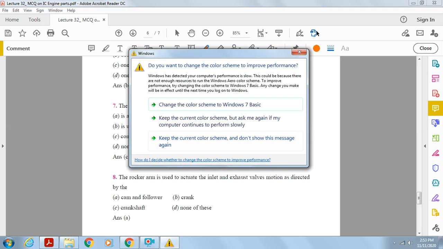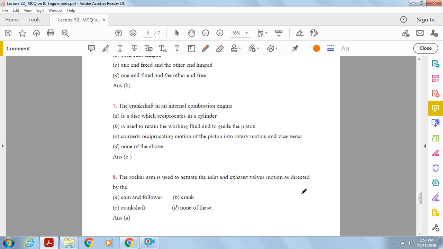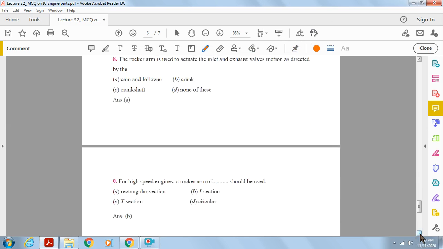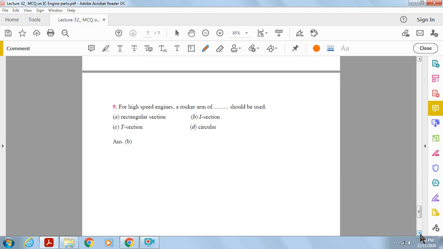The rocker arm is used to actuate the inlet and exhaust valve motion by means of the cam and follower. And lastly, for high speed engines, the rocker arm should be of I section type, so the cross section of the rocker arm should be like an I section.